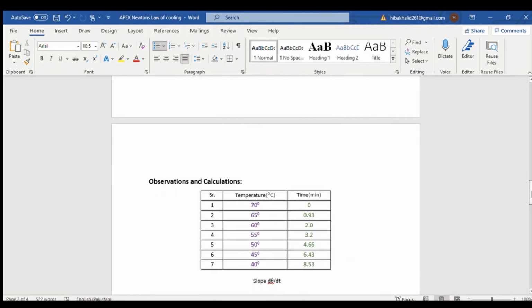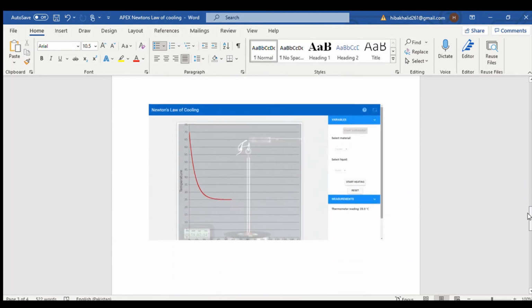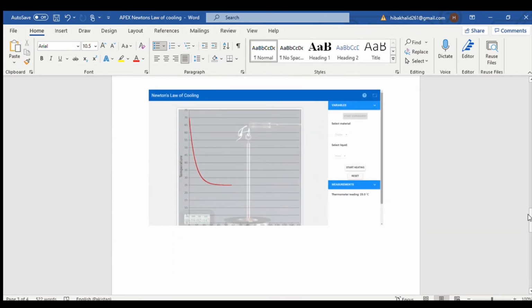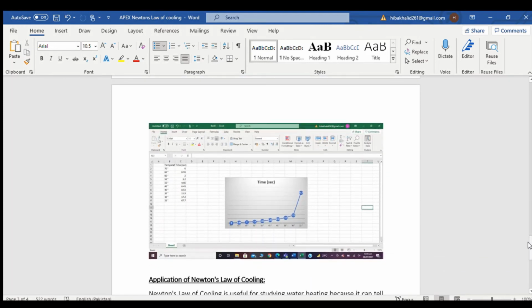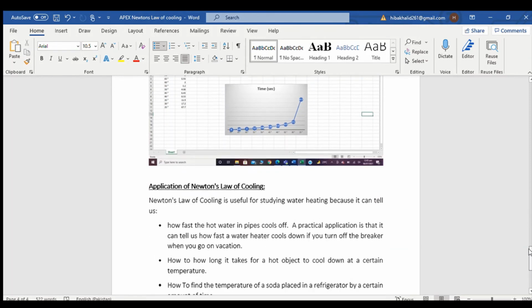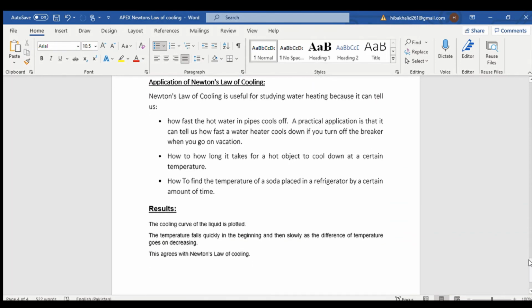We will also put the values in tabular form in the lab report. After that, we will add the pictures of the cooling curve and the MS Excel graph. After that, we will write the applications and the result. That will be it for the lab report.